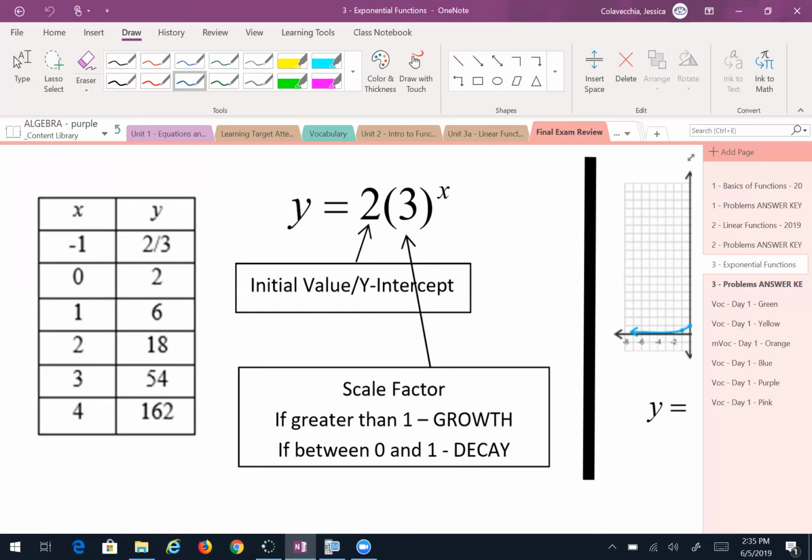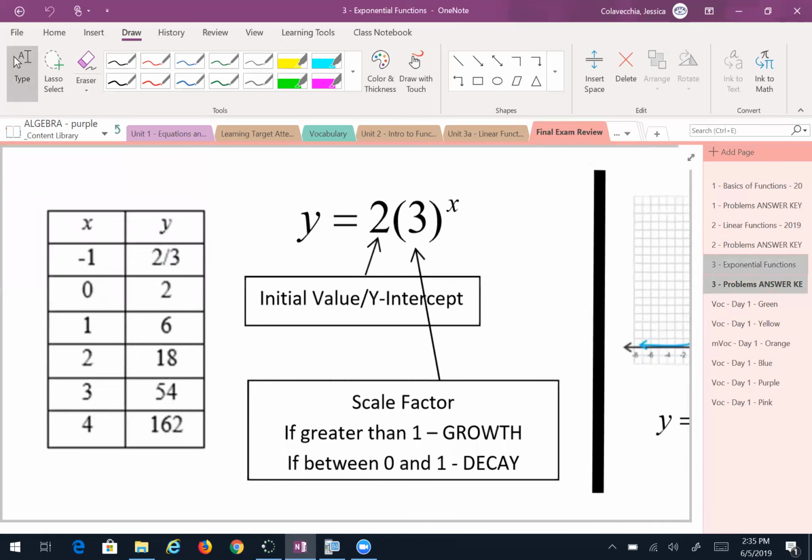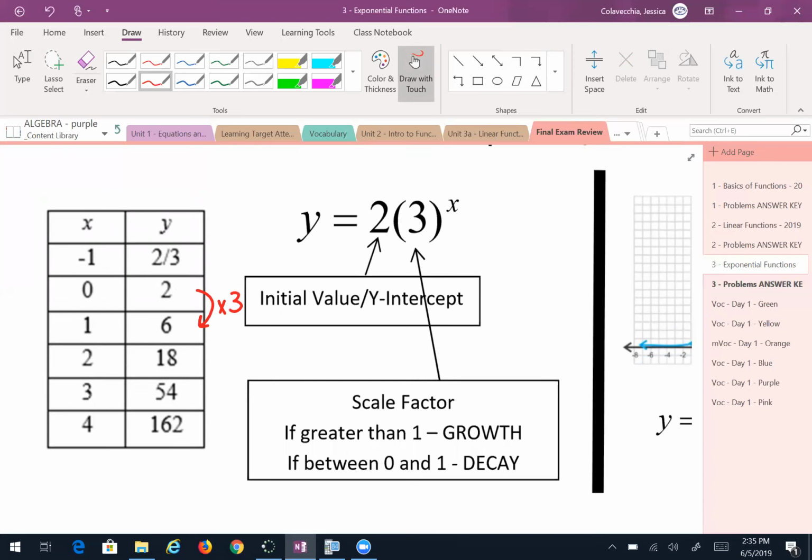What's it being multiplied by each time here? It's being multiplied by 3. So what does the scale factor tell us? The multiplication pattern. Okay. The thing inside the parentheses that's got the x as the exponent tells us our multiplication pattern.